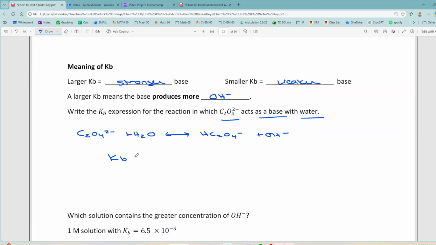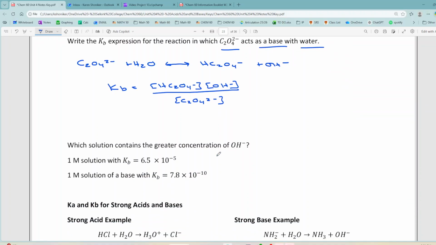So the Kb expression would be HC2O4- times the concentration of hydroxide all over the concentration of C2O4 2-. Awesome. So then just a basic theory question, which solution contains the greater concentration of hydroxide? It's going to be the larger Kb. So same idea, larger Kb, more hydroxide ions in solution. Right? Greater ability to accept the hydrogen from water, more production of hydroxide ions.